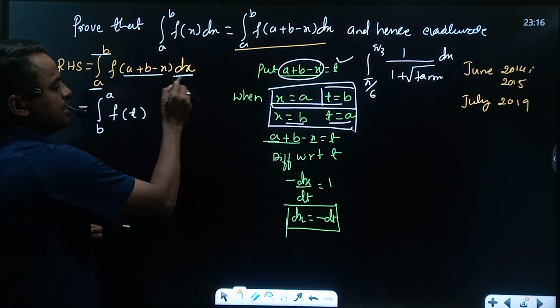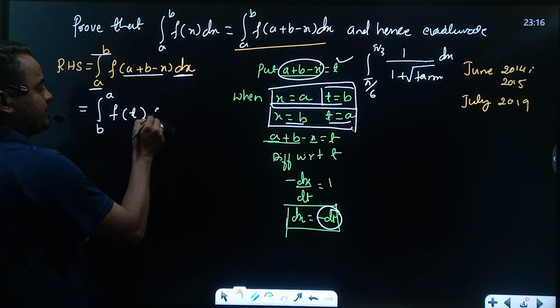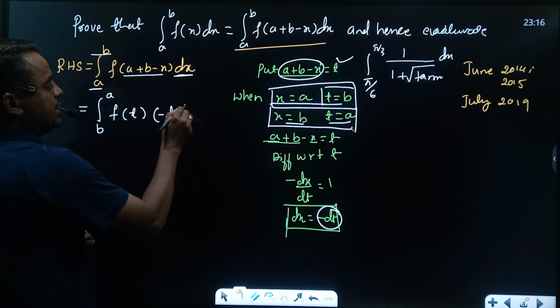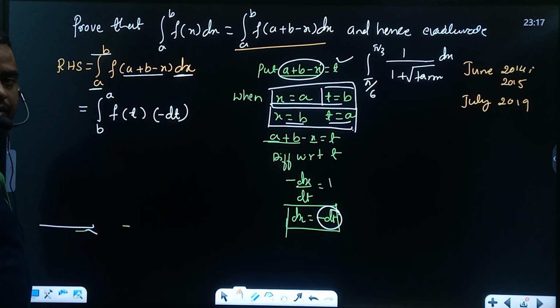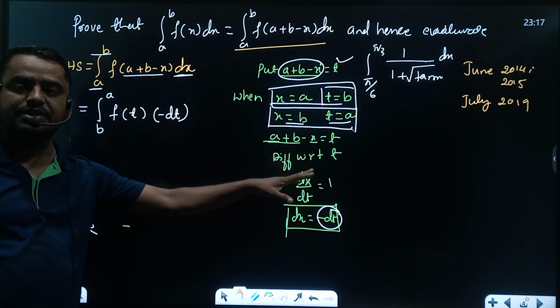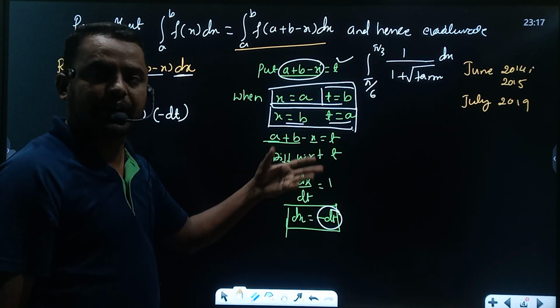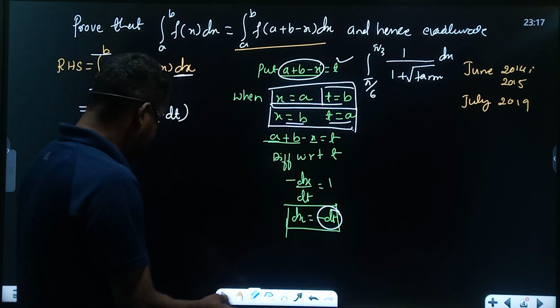Now dx means minus dt. So these are the changes that take place after the substitution and changing the limits.